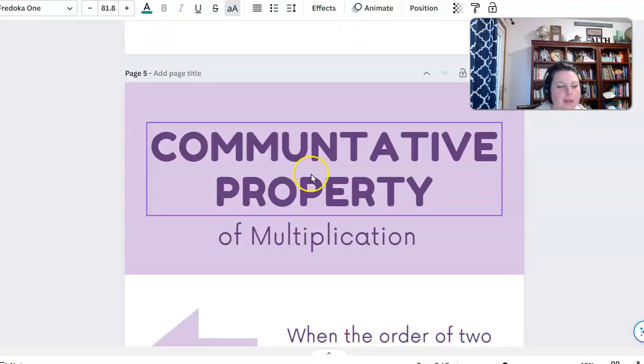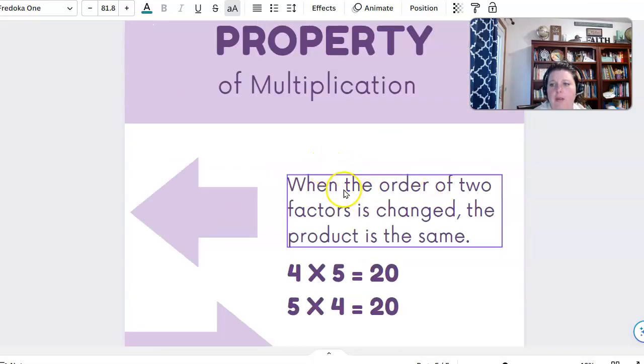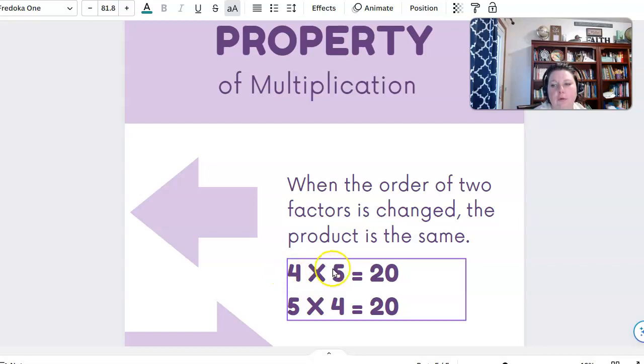One more property. It's called the commutative property. When the order of the factors change, the product is the same. For example, 4 times 5 equals 20, and 5 times 4 equals 20.